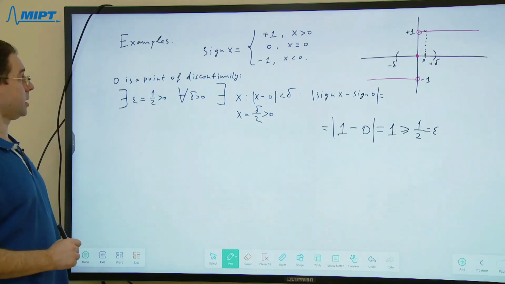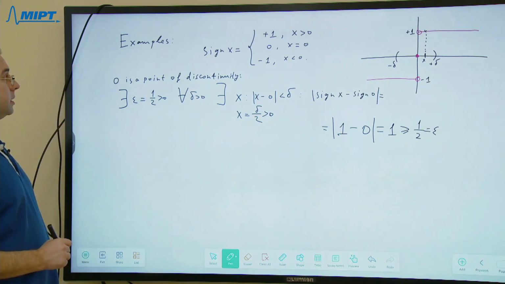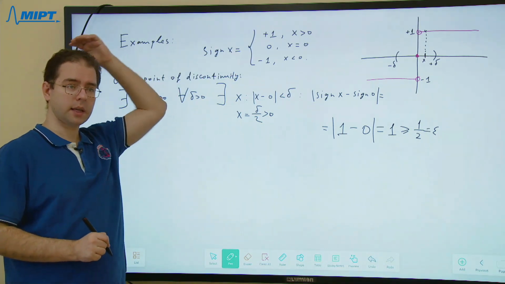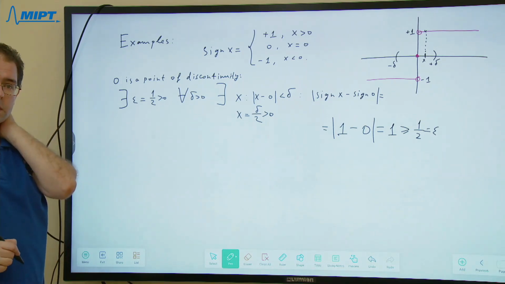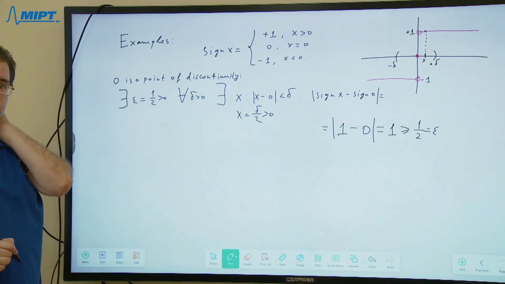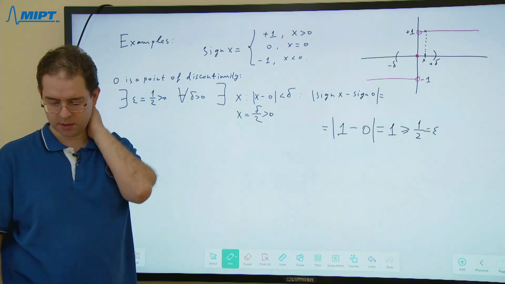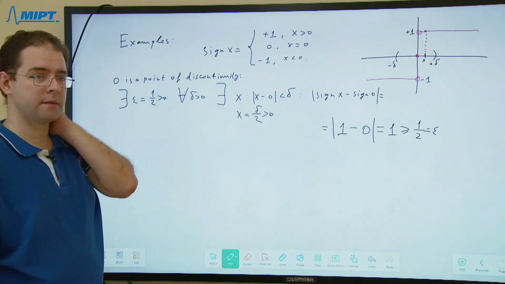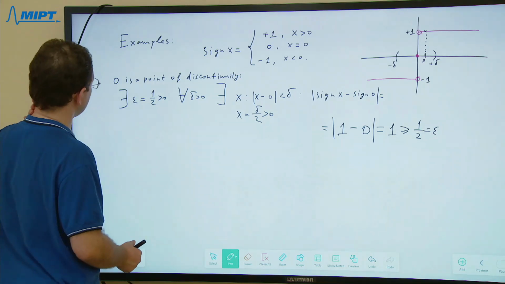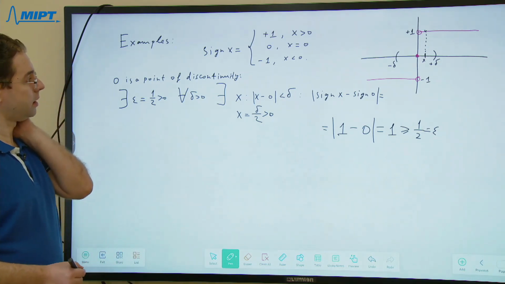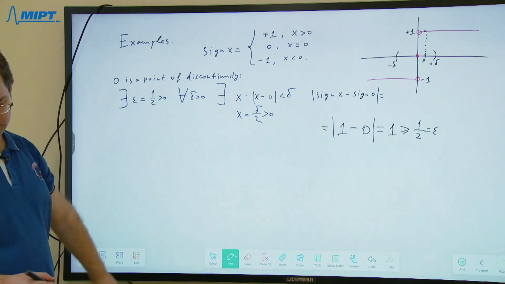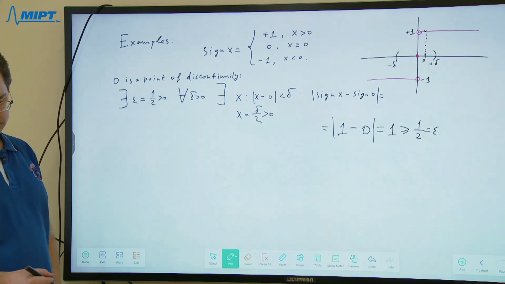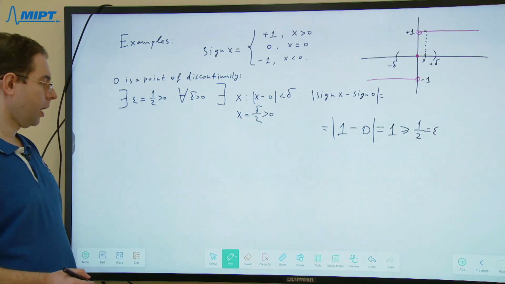So I checked by definition that the function sin x is not continuous at point 0. Any questions? Okay, moving on.